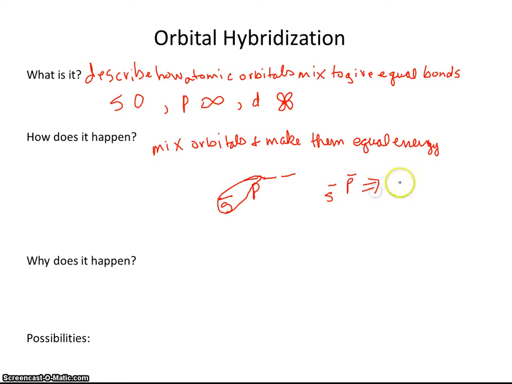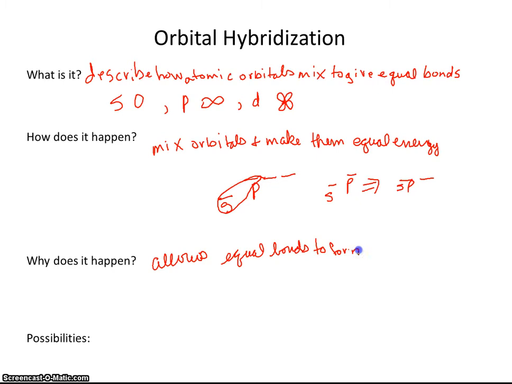It becomes sp, and there are two of them of equal energy. Why does it happen? This allows, like we said at the top, equal bonds to form.